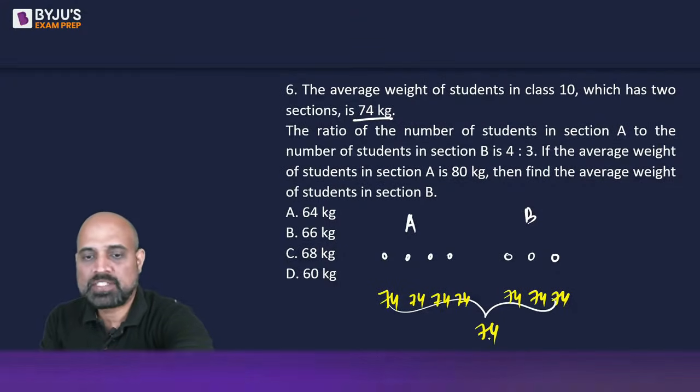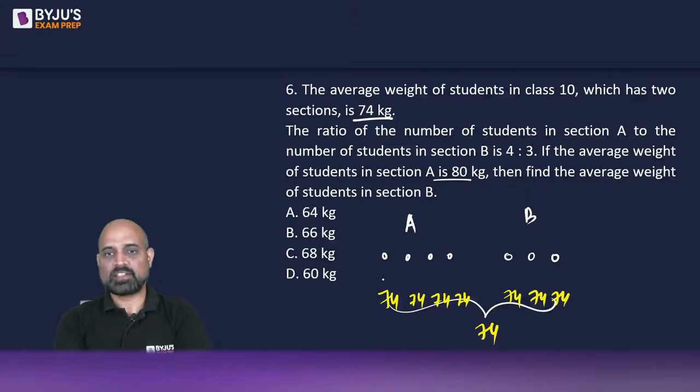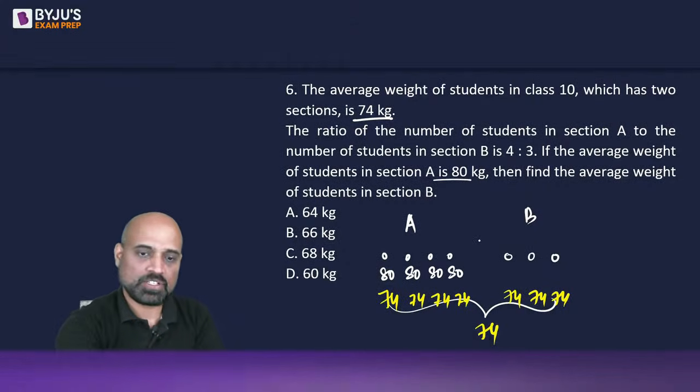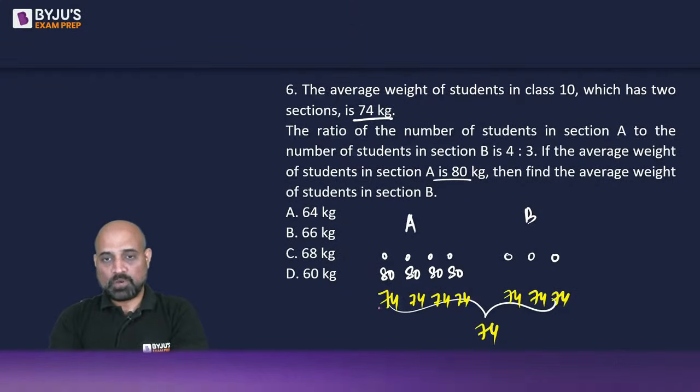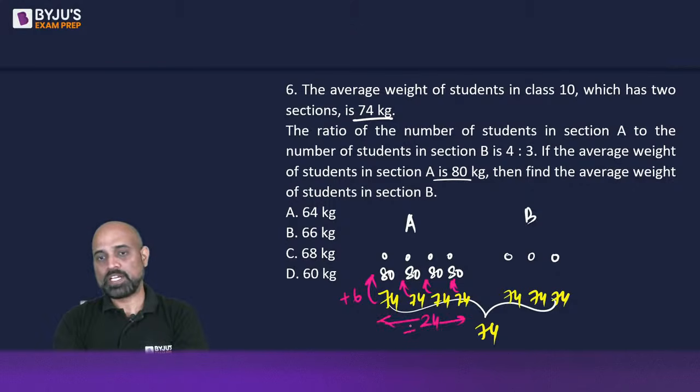Now, for section A, it is mentioned that the average weight is 80, as in each of these 4 students is 80 kg. So if you look here, the increase that you see from the average is that of 6 for each of the kids. As in overall there is an increase of 24.